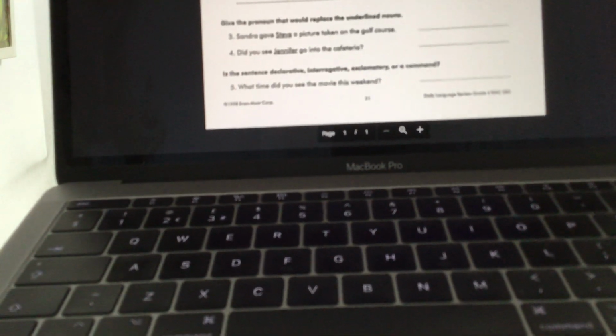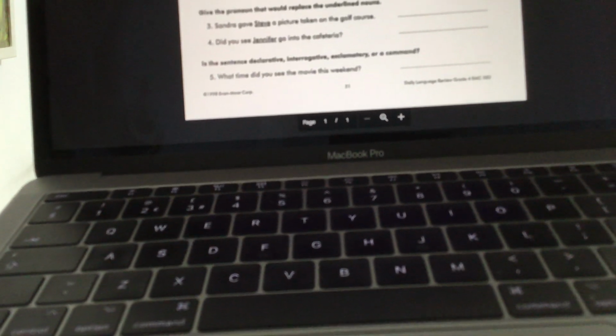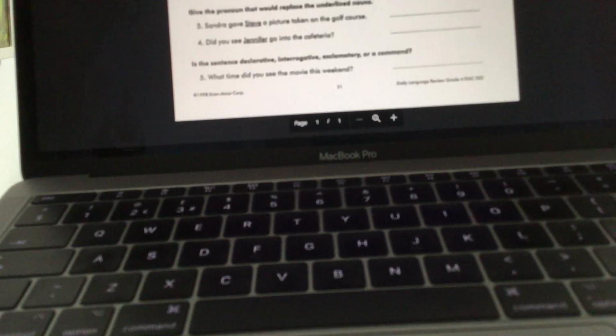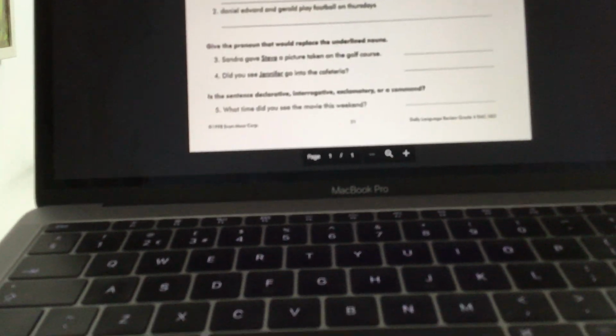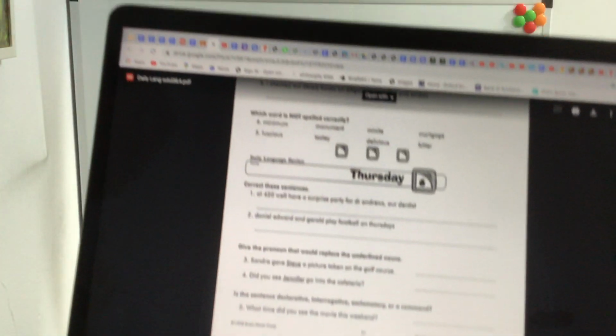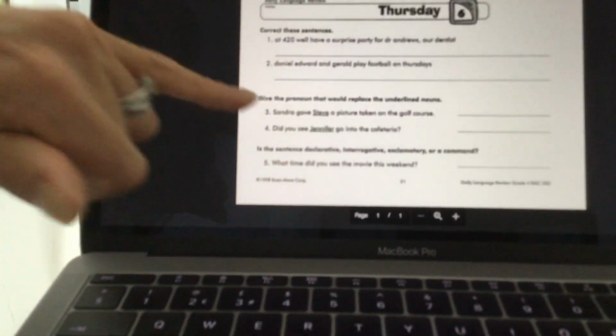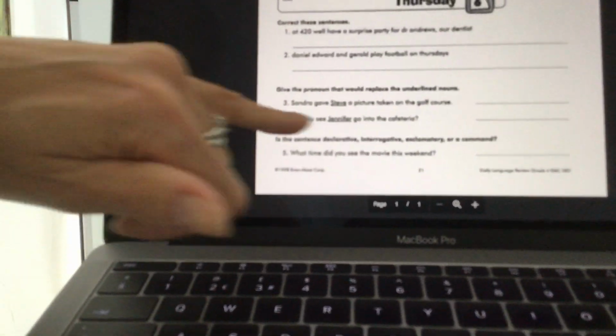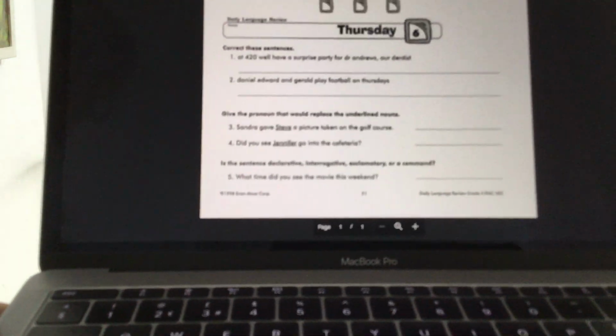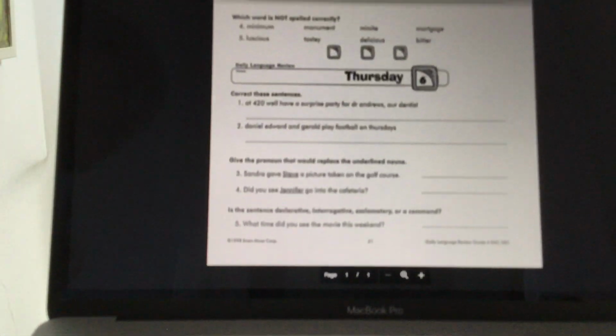What time did you see the movie this weekend? So which one is asking? Which one is interrogating? Okay, so have fun with that. They're pretty straightforward. I have got some learning we can do on these different kinds of sentences, which will clear all of that up for anyone that's not too sure, so don't panic about that. Okay, and now we'll look at your grammar.